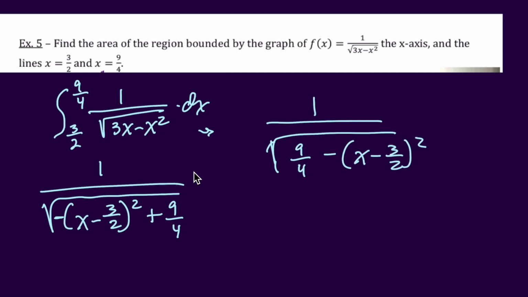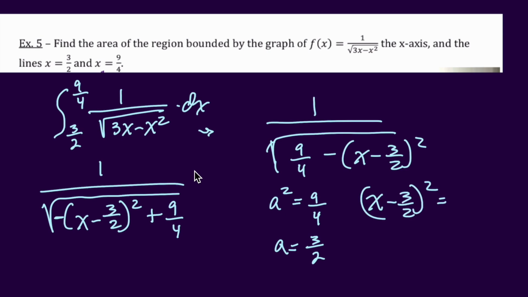And this fits nicely because we're going to let a squared equal 9 over 4, a equals 3 halves, and then we're going to let x minus 3 halves squared equal u squared, which means x minus 3 halves is going to equal u.